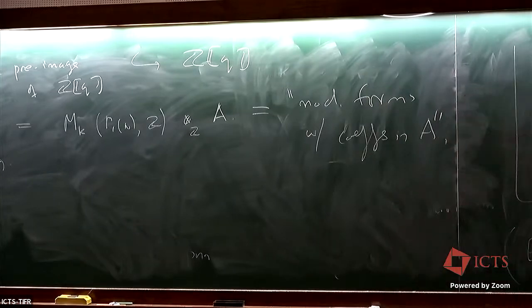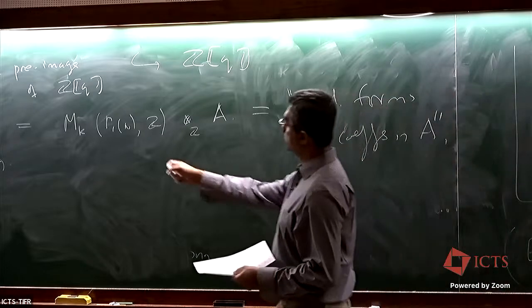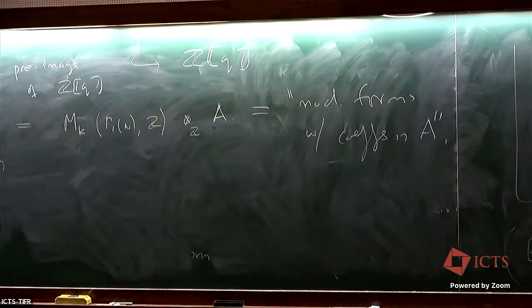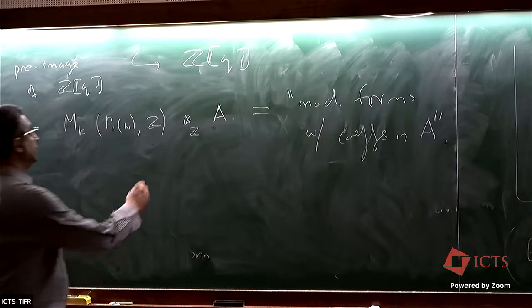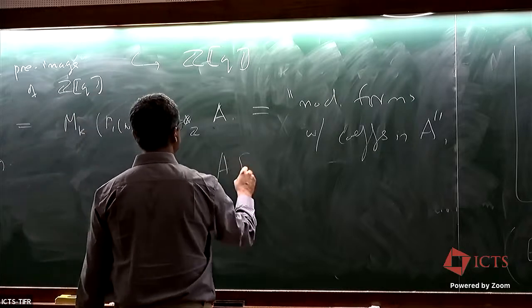It may be the zero space. This is even a bit weirder, because if this is zero, then it's going to be zero for all A. It turns out that this maps into A power series Q injectively.